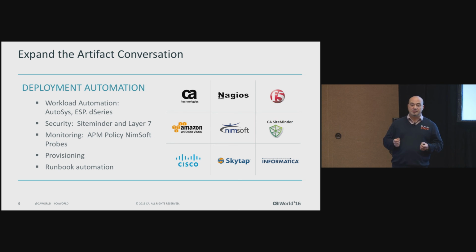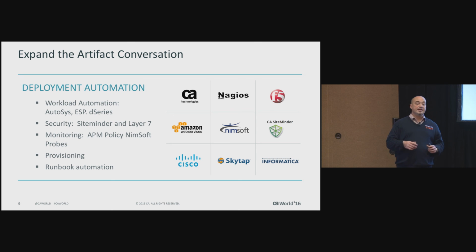All of these artifacts need to be part of the package, in addition to the usual continuous delivery artifacts, like database updates, code changes, web pages, ASP pages, all of those things that make up an application release or a build need to be part of the package, including things like security policy and monitoring policy, in addition to workload jobs too.